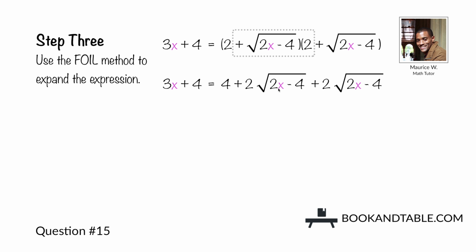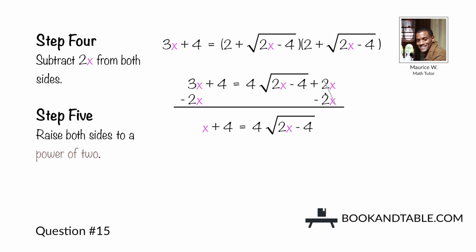We combine these like terms by adding their coefficients. 2 plus 2 gives you 4. Then lastly, radical 2x minus 4 times itself gives you 2x minus 4.